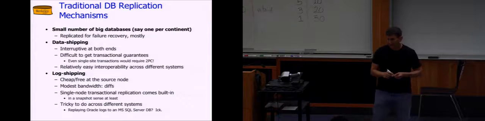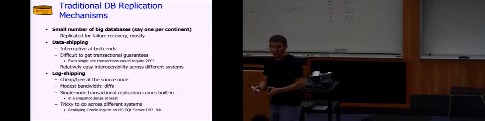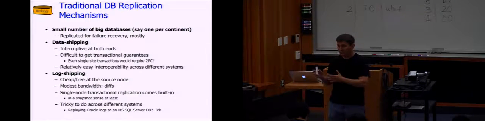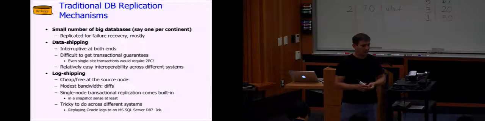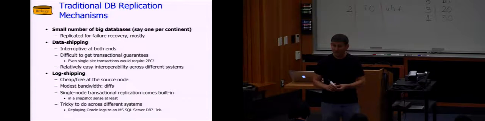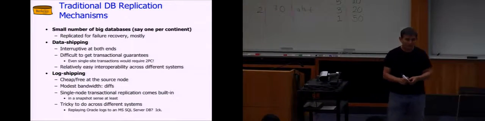Unfortunately, this is really hard to do across systems. If you're running Postgres over there and I'm running MySQL over here, you've got to write a Postgres log sniffer that translates to a MySQL roll-forward thing, and you can imagine those two open source systems don't have very well documented log APIs. And actually, there are companies that have done this for Oracle and SQL Server and so on. It's really hard.